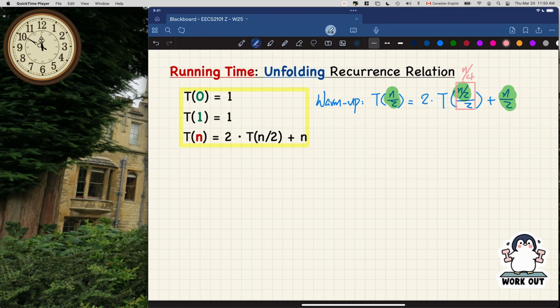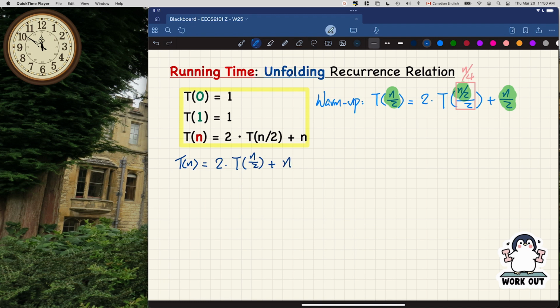All right, if you're comfortable with this warm-up exercise, you kind of get each individual step you have to do for the unfolding. That's a good sign. All right, let's now try to do it. We'll start with the general case, T of n. T of n equals, by definition, 2 times T of n divided by 2 plus n.